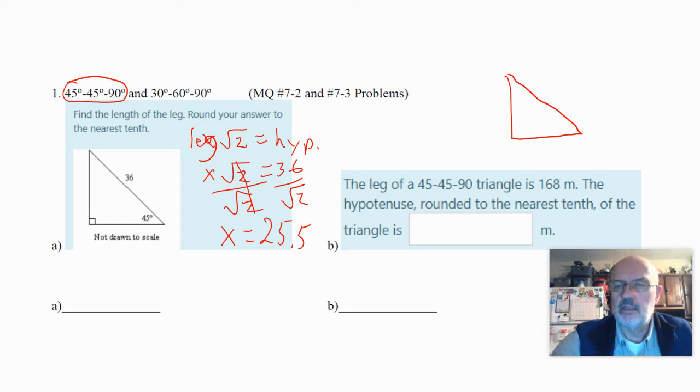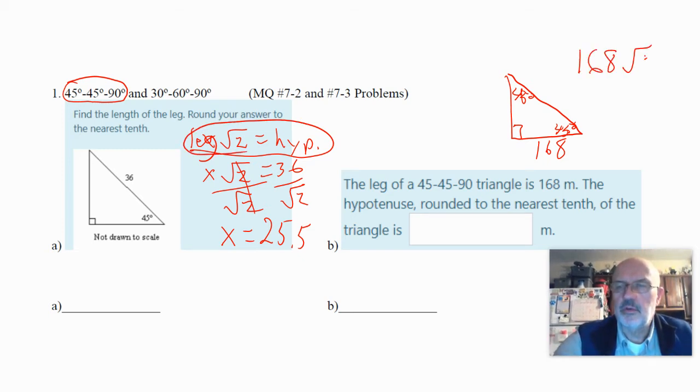So let's say this is one of those, 45 degrees, right? Leg's 168 meters. So now this time, we just take the leg times the square root of 2 to get the hypotenuse, as it says here. So 168 times the square root of 2. And you're supposed to round to the nearest tenth.